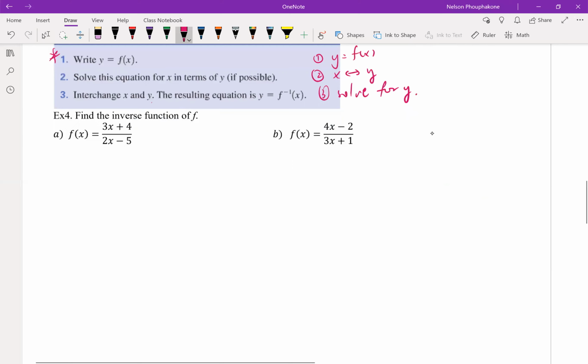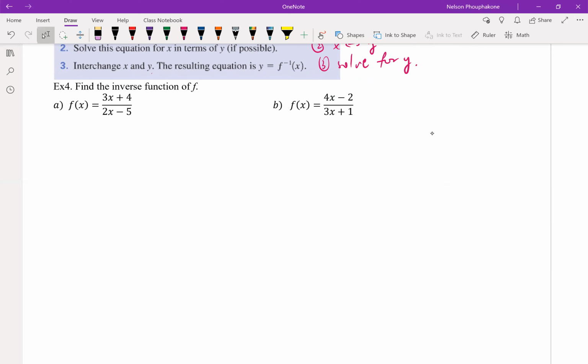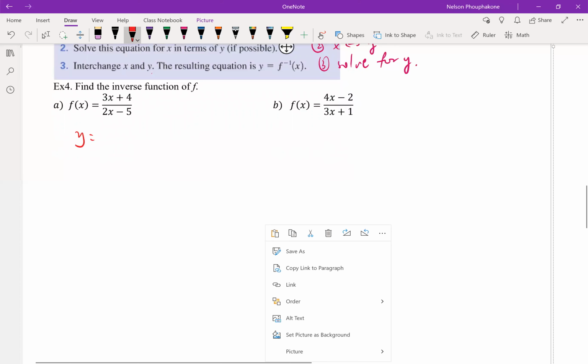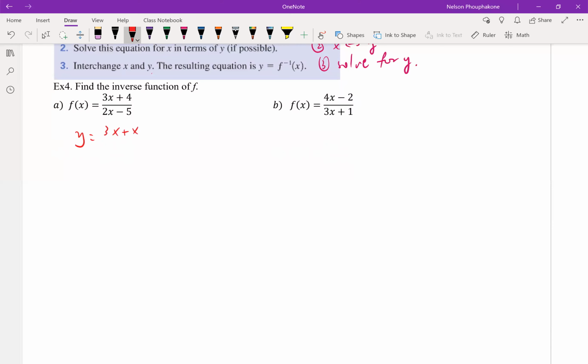So for this one, I have f of x equal to (3x plus 4) over (2x minus 5). Then let us go through the 3 steps. First step, I replace y equal to f of x. And now what I want to do is solve for x.